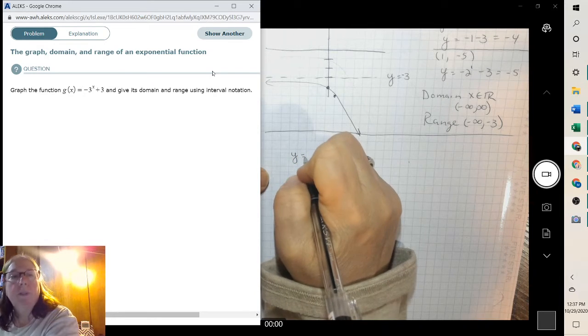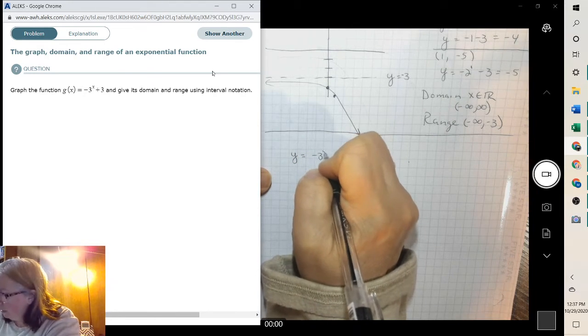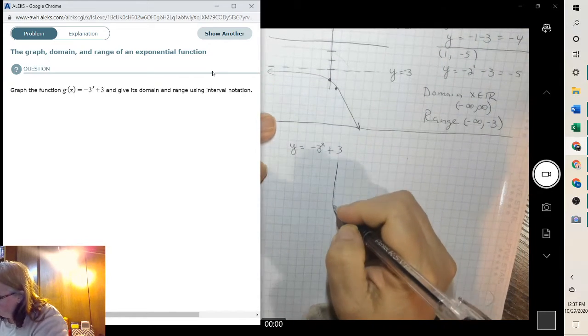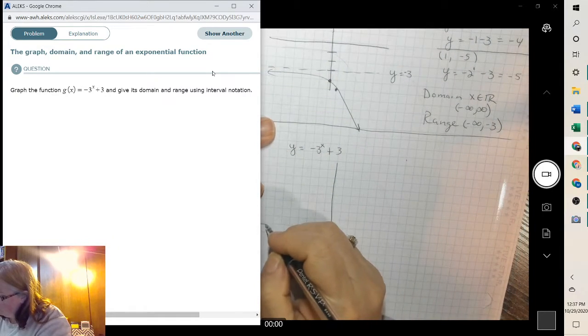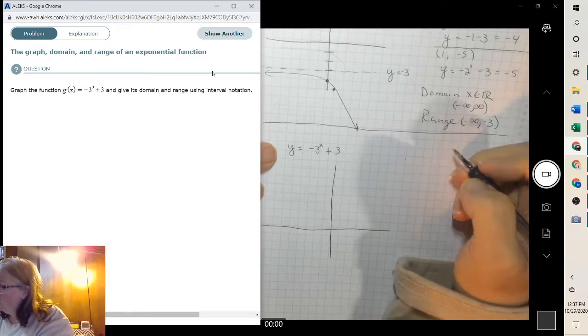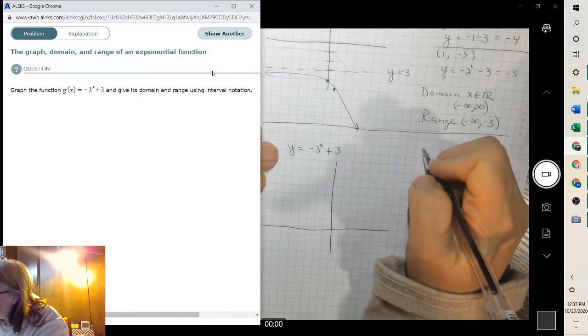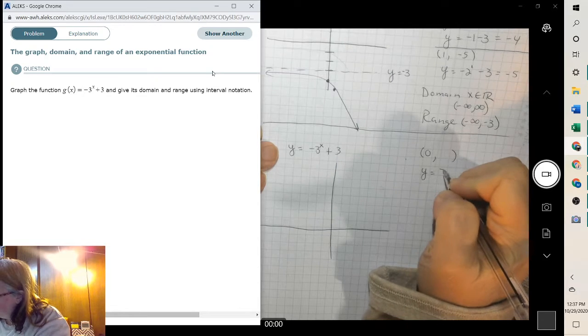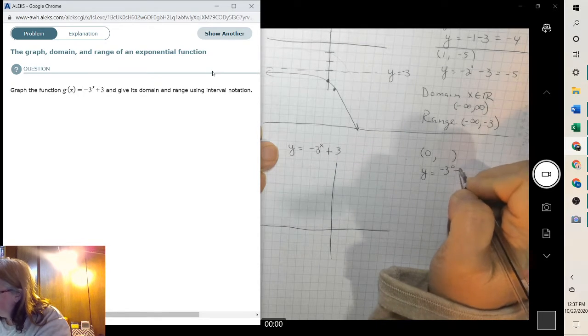Y equals -3 to the x plus 3. So we'll plug in again 0, -3 to the 0 plus 3.